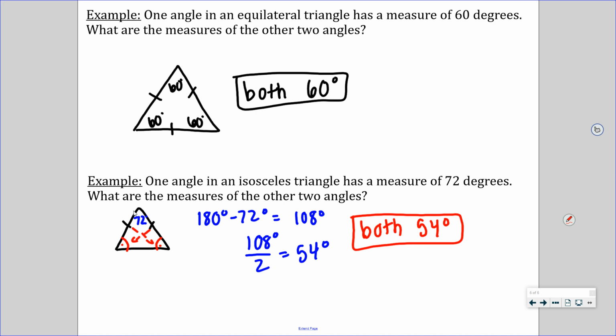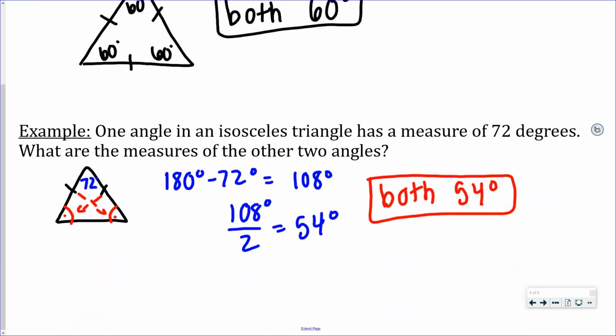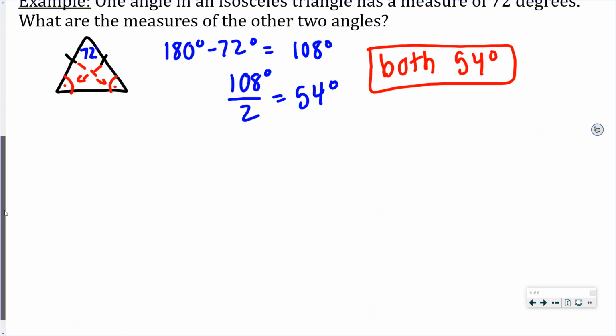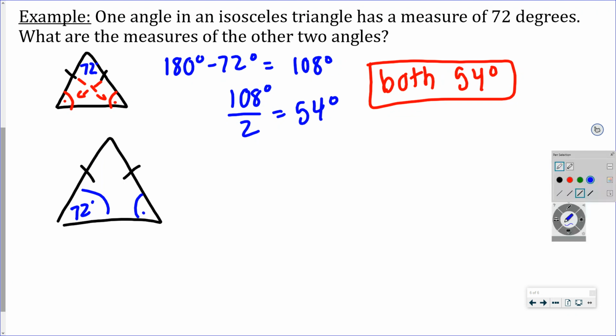That's one option. Now, I mentioned that it matters which one you call angle 72, because let's look at this case scenario. What if I would have drawn my picture the same way with the two congruent sides, but I said this was angle 72? All right, so based on what we just talked about, if this is 72, what's this angle? 72. Also 72. So that's a different answer. Meaning, what would this angle be? 36.